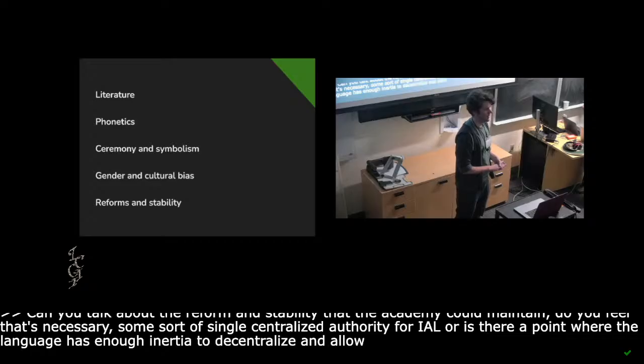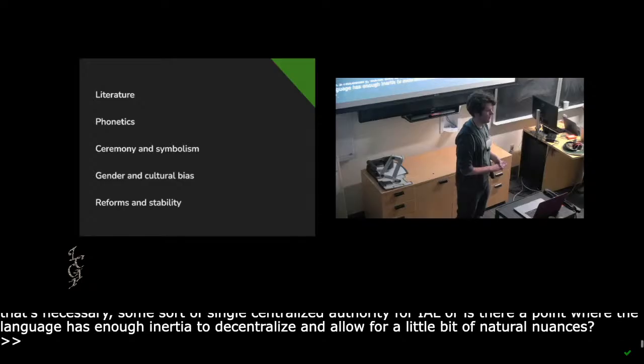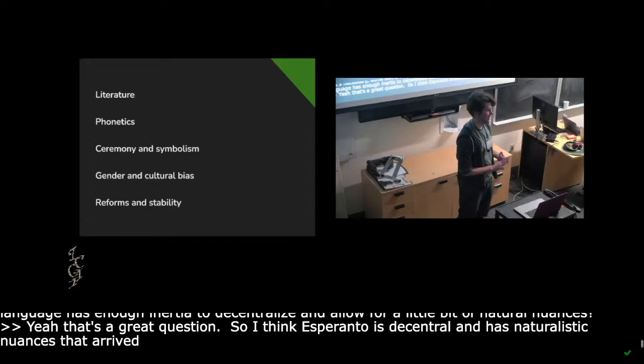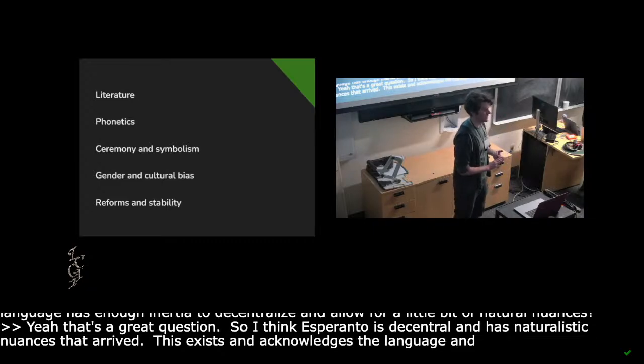Yeah, that's a great question. So I think Esperanto is decentral, and it does have naturalistic nuances that have arrived. The fact is, the academy doesn't dictate the language. It just exists and acknowledges it, and you're allowed to ignore it. So people use "ri", and people will know what you mean, even though that's not an official word.